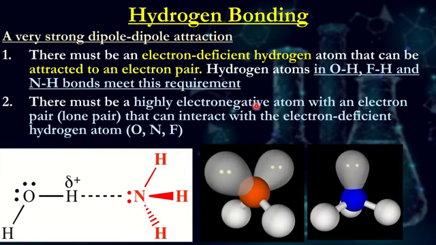Some of you might think, why is it only applicable to these atoms, even though other elements will bond with hydrogen? And that's because of the amount of electron deficiency in the hydrogen. So technically, after bonding, hydrogen doesn't have any more electrons, so it is a net positive charge.